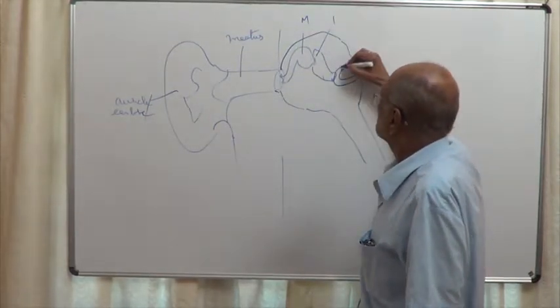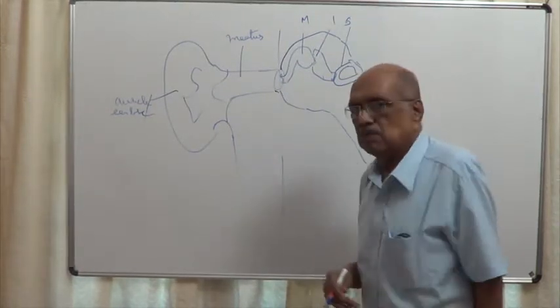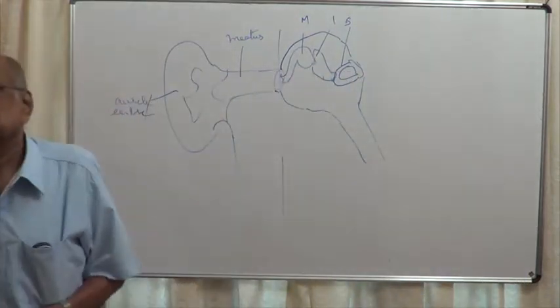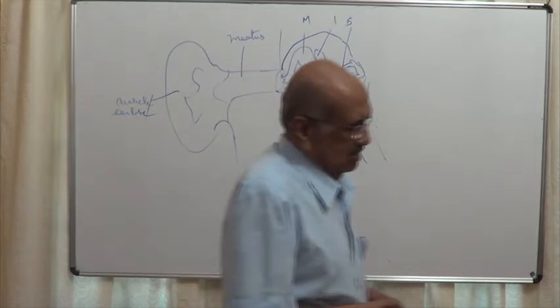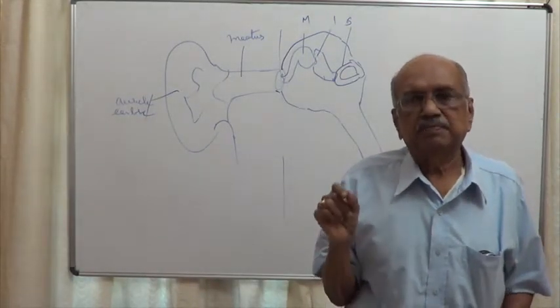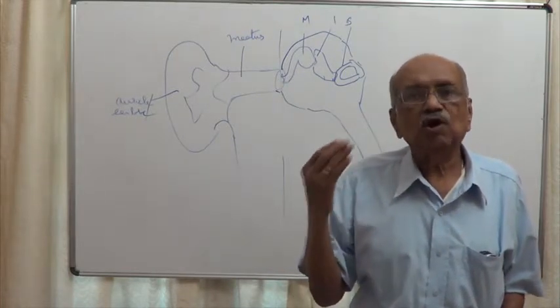Malleus, incus, stapes, MIS. These are the smallest bones in the body, identified as ear ossicles.